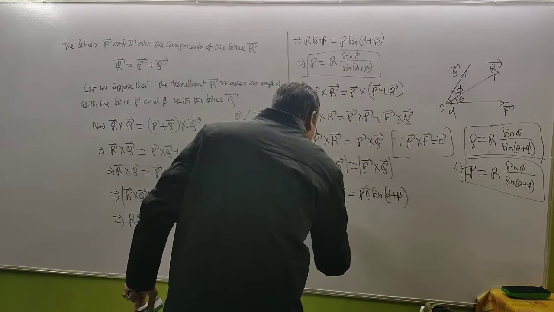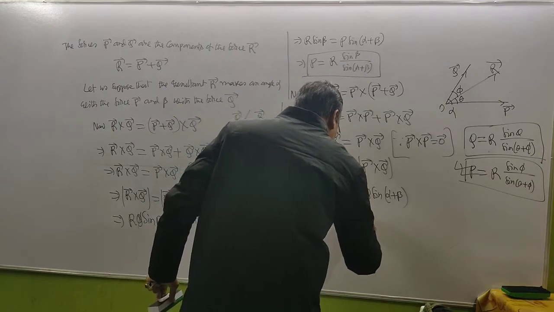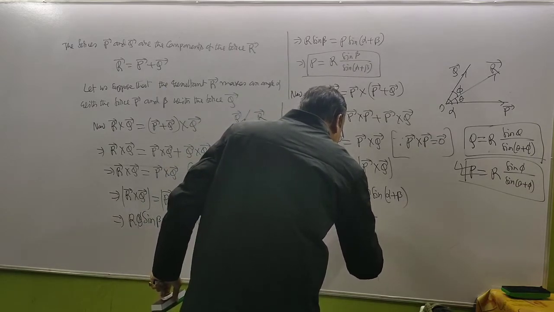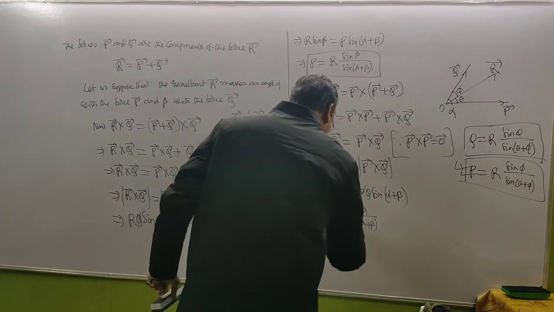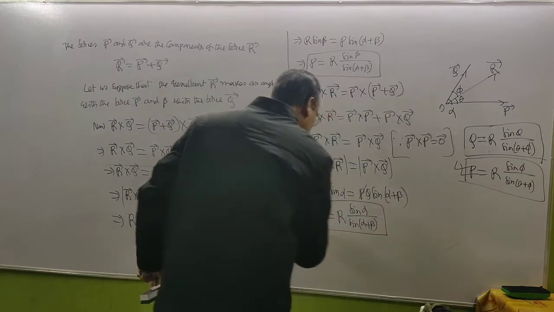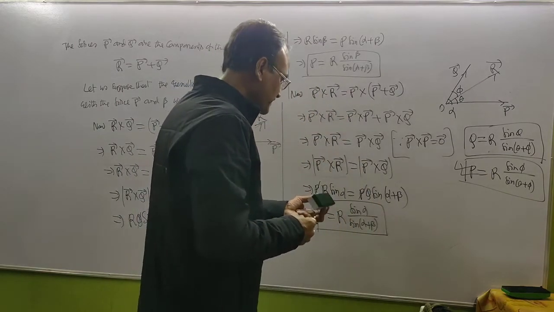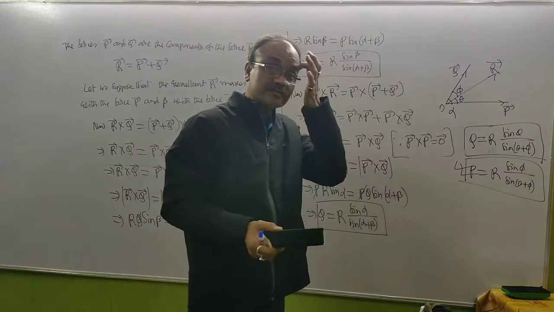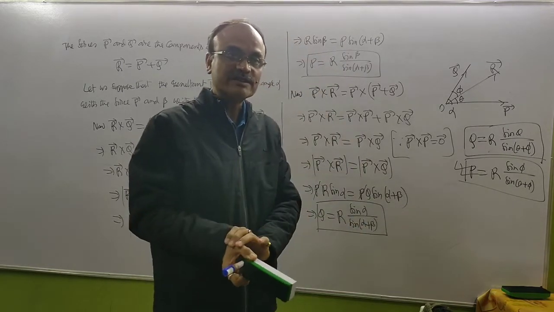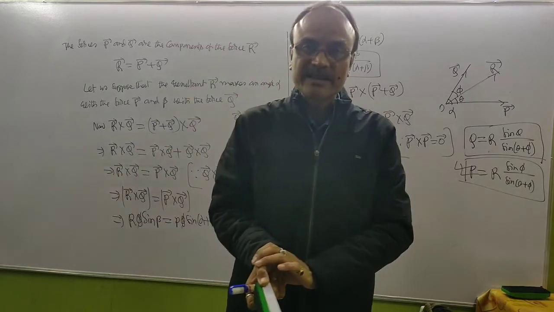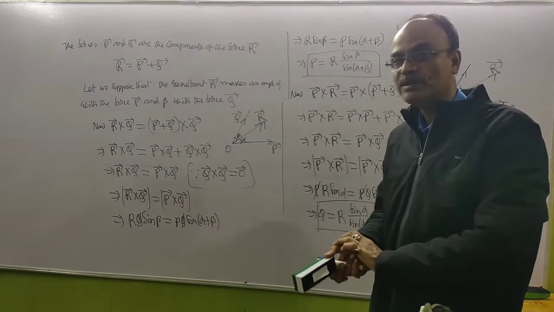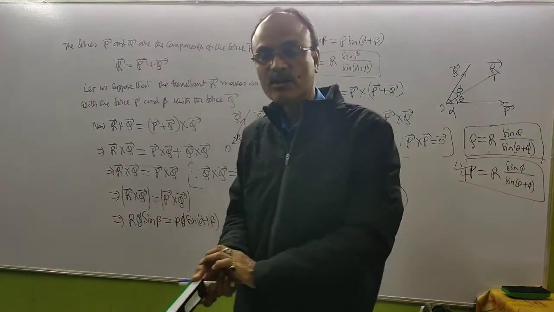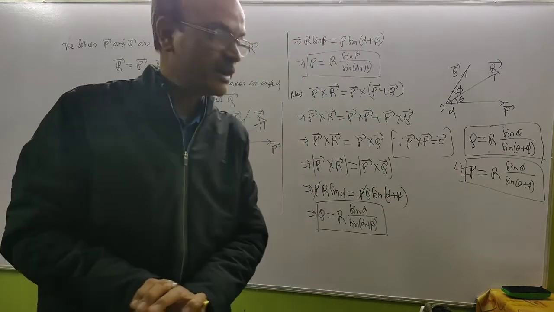This means Q equals R sine alpha divided by sine of alpha plus beta. In this way, the components can also be found.